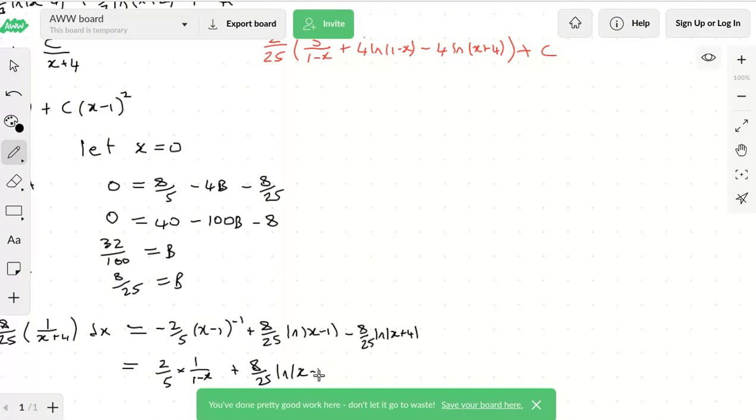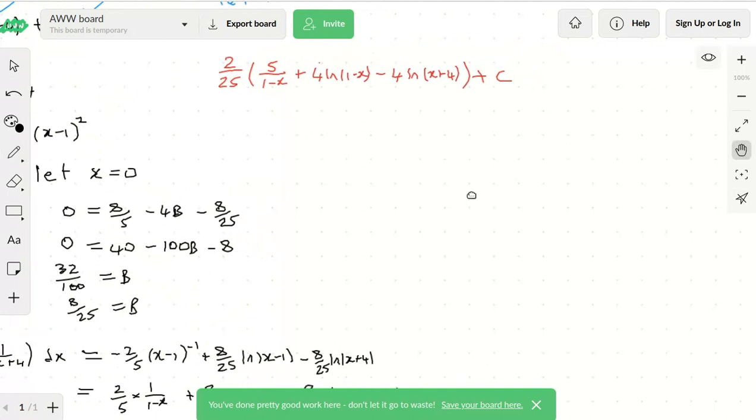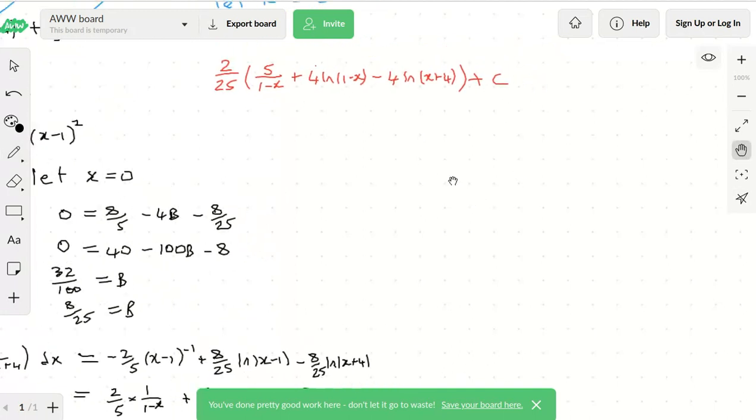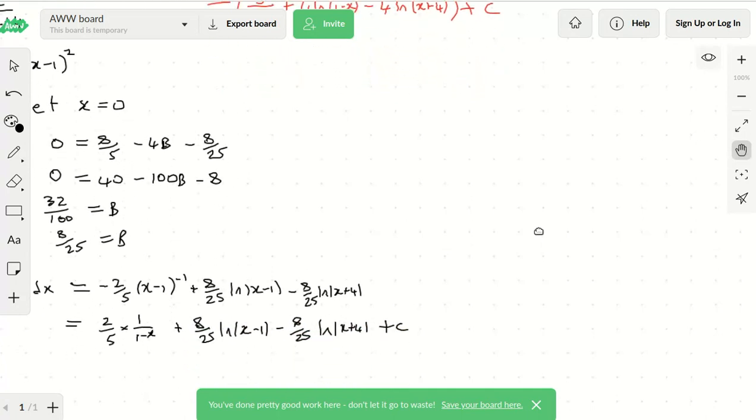So they're just looking slightly different, the answers. Minus 8 25ths ln x plus 4 plus a constant c. And yeah, I could easily now write it in that format. I hope you can see that, Asandi. That is now equivalent to the red writing, because that times that equals 2/5 1 over 1 minus x, and that times that is 8/25 ln 1 minus x, so on and so forth.